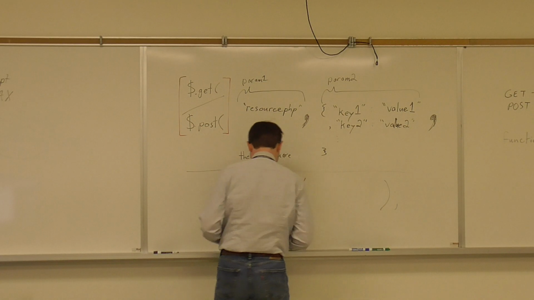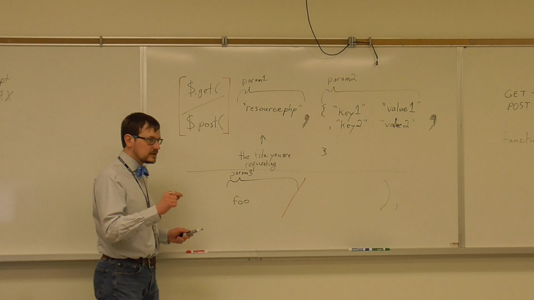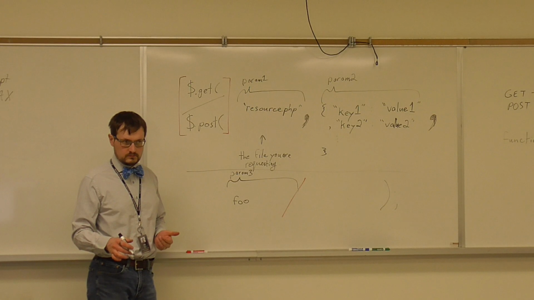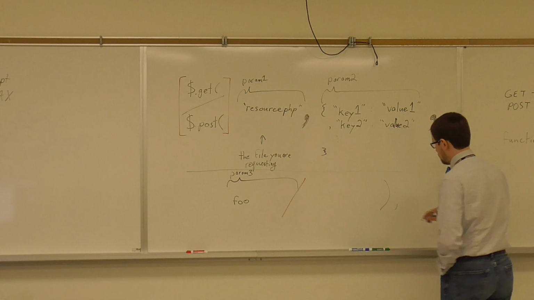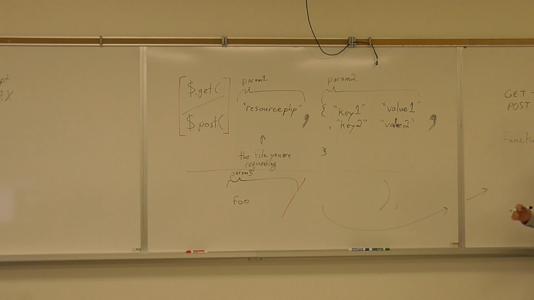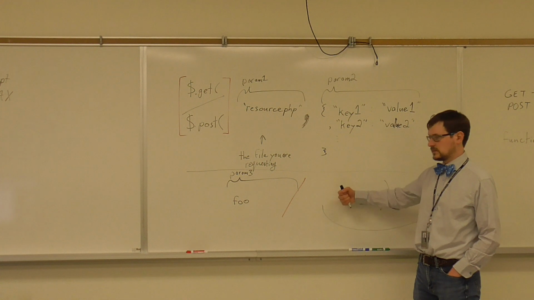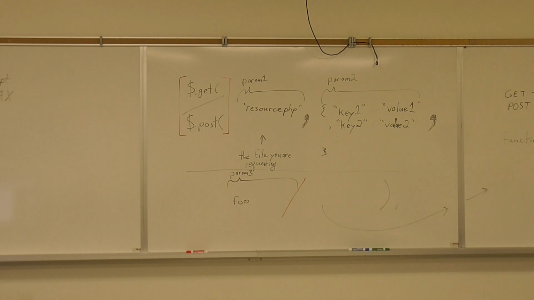Alternatively, we can define an inline function, an anonymous function. The way that you define an anonymous function, you define it in place, so the function definition would go within the call to the AJAX function, and you define the function the way that you would normally.